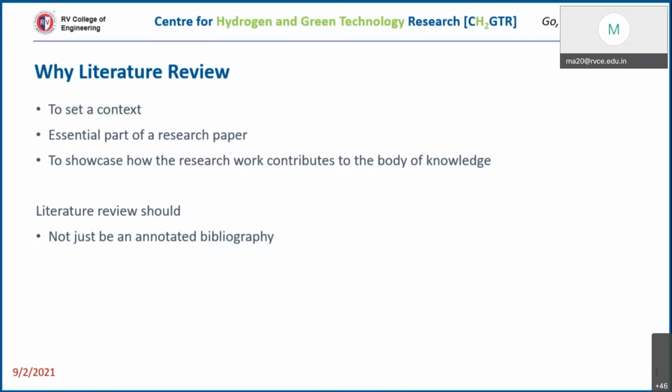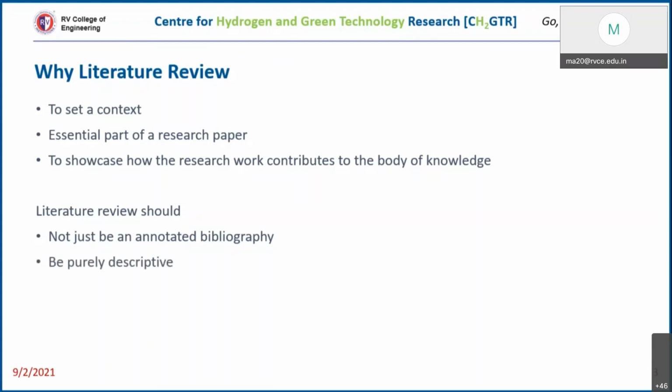If you take a list of references and just add a very brief explanation, 1 or 2 lines about each of those references, that will not become a literature review. That is what is meant by an annotated bibliography. That doesn't really make a literature review.